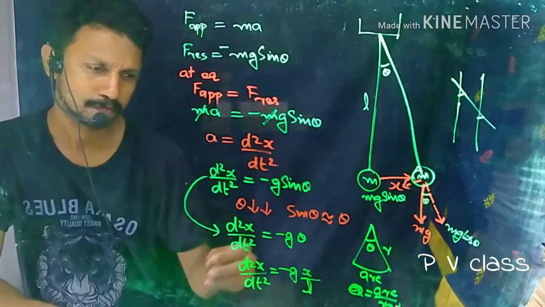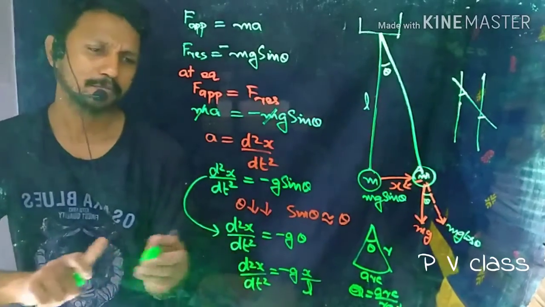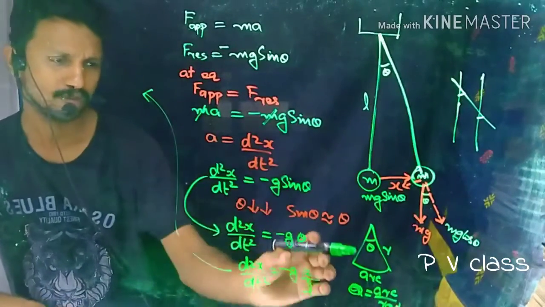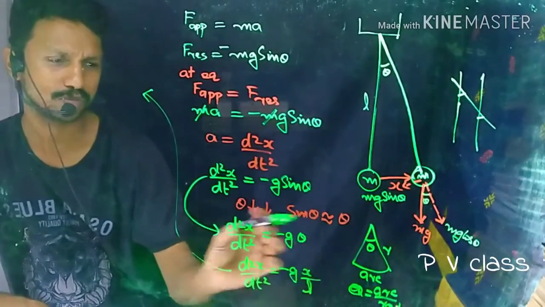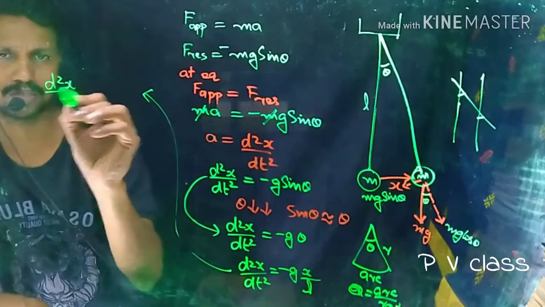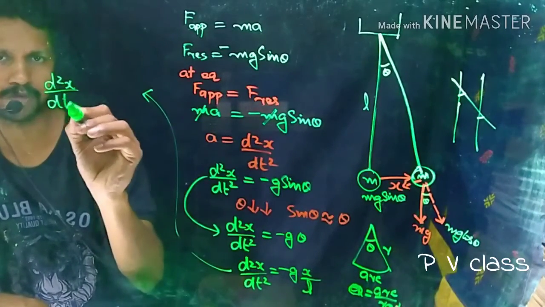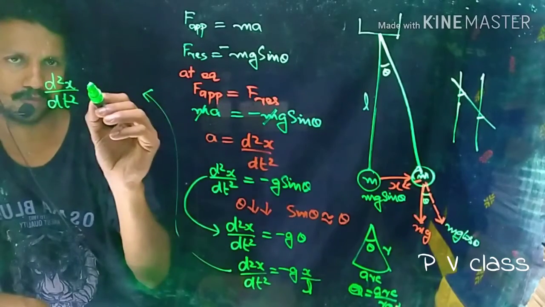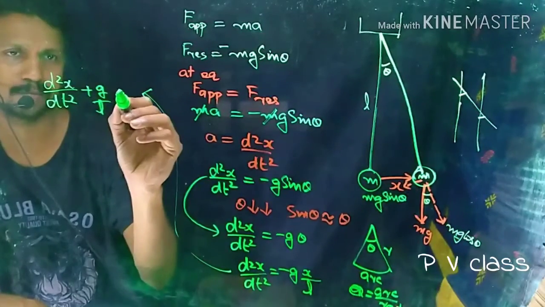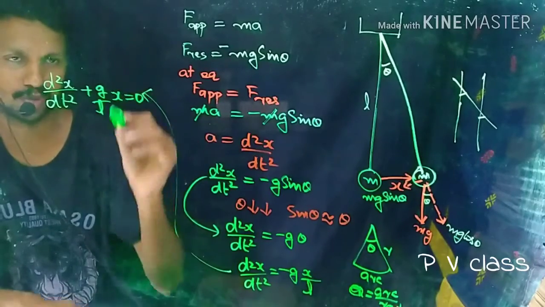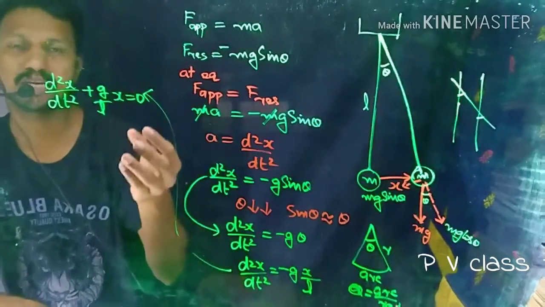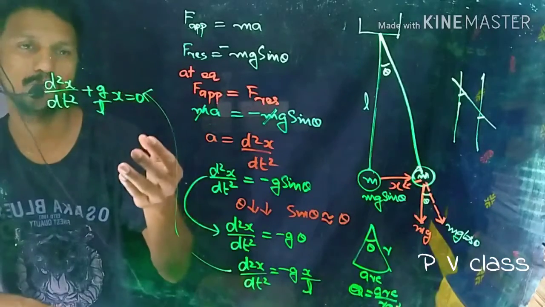Then, if we rearrange, taking minus g into x by L to this side, we could write d square x by dt square plus g by L x is equal to 0. Now we have a second order differential equation.